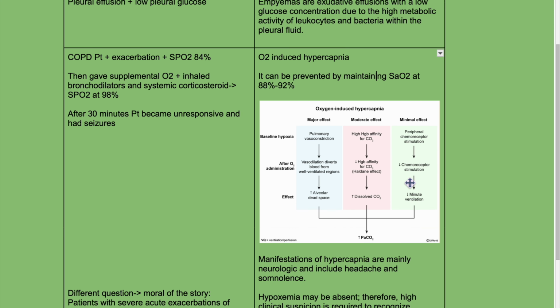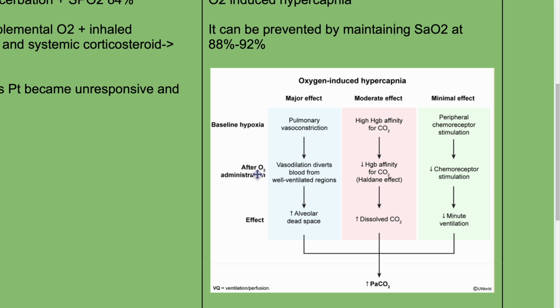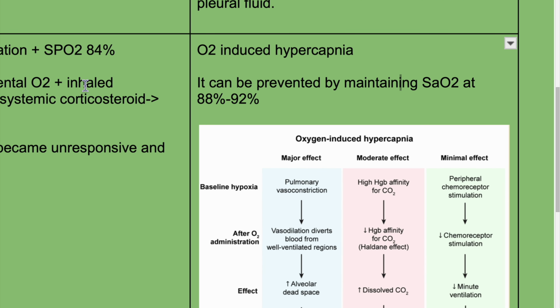The major effect is that there is pulmonary vasoconstriction at first, and then you give O2, and vasodilation diverts blood from well ventilated regions. This causes increase in alveolar dead space, and that will increase your PaCO2. The unresponsiveness and all that is because of the hypercapnia.